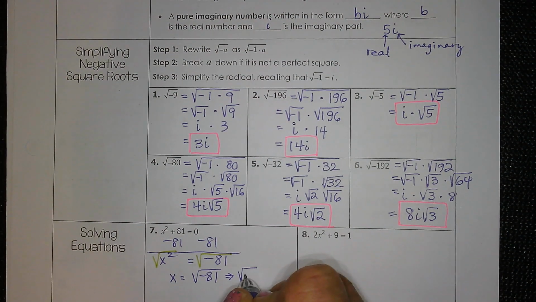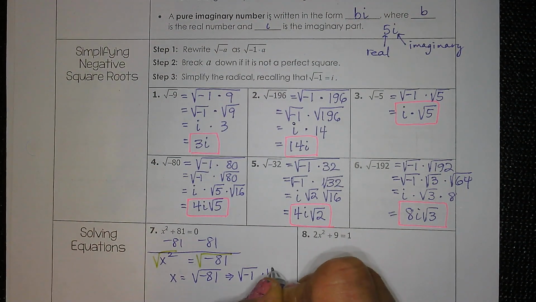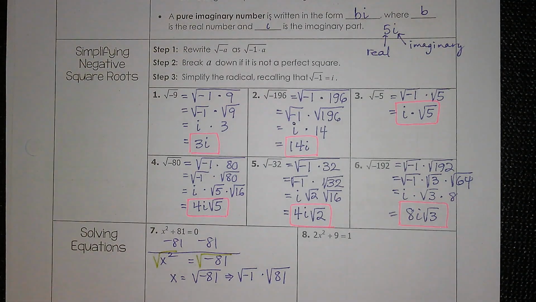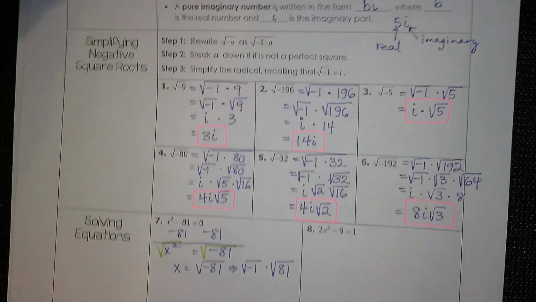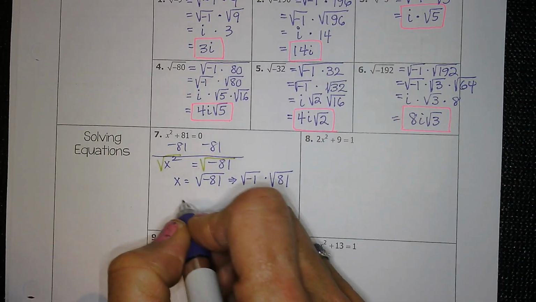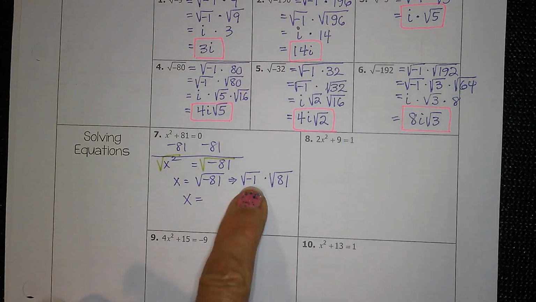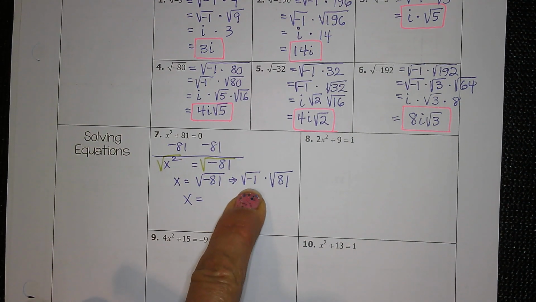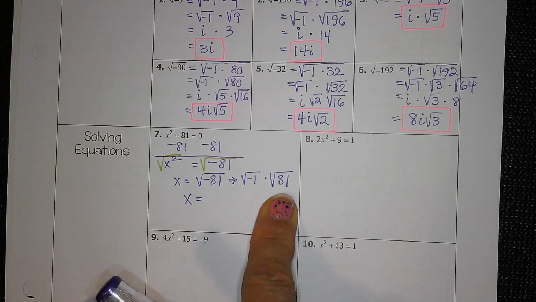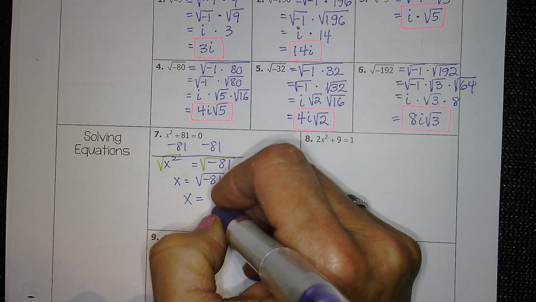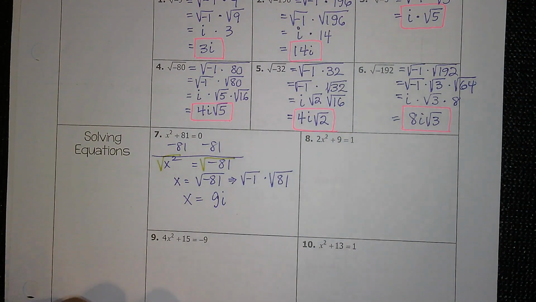So it's going to be negative 1 times the root of 81. Right? Everybody with me on that? Where do we go from here? x equals, what's that? That's i. What's that? Okay, so this is 9i, right? Okay, is there any problem with that?